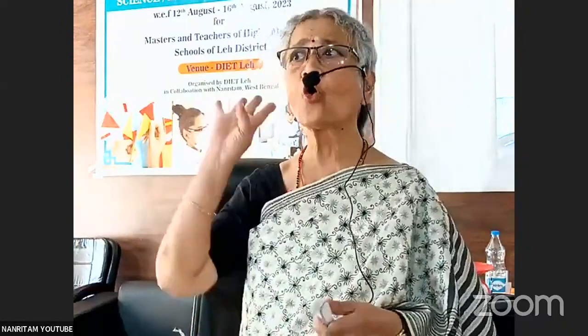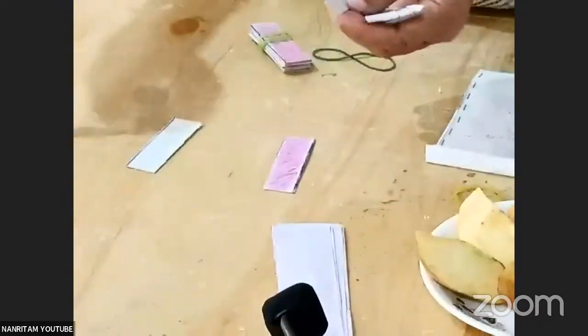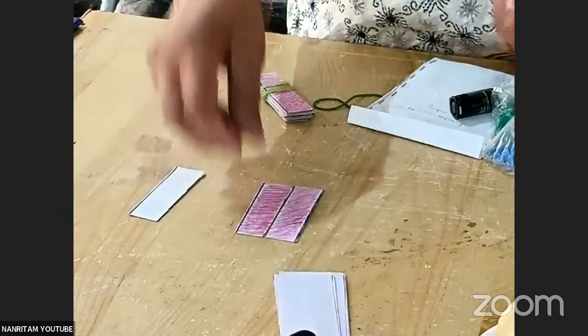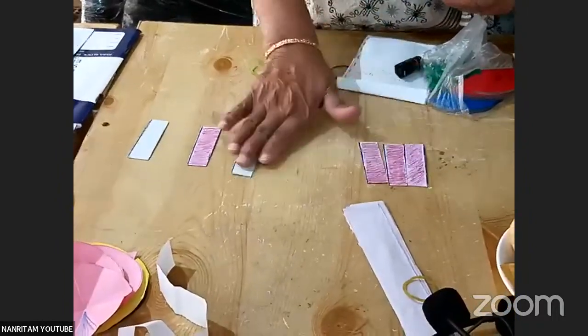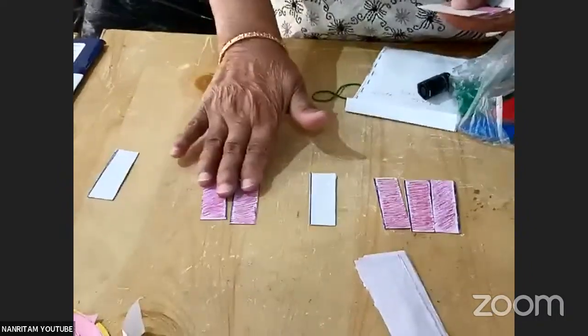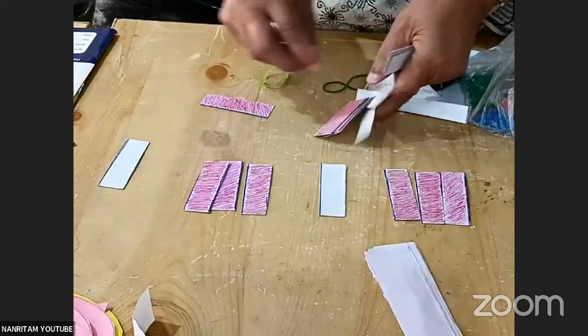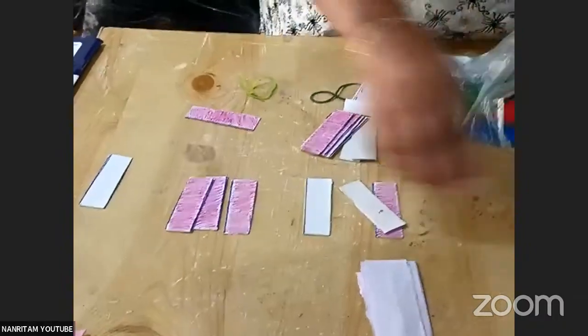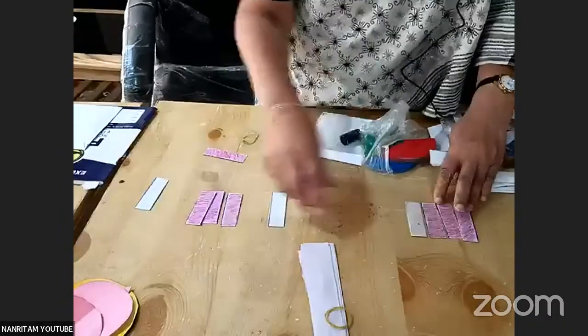Start with chart paper and shade it. 1, 2, 3, 4, 5. 3/5 means what?